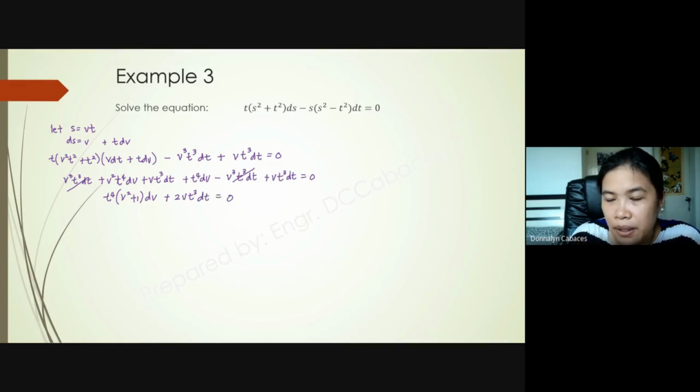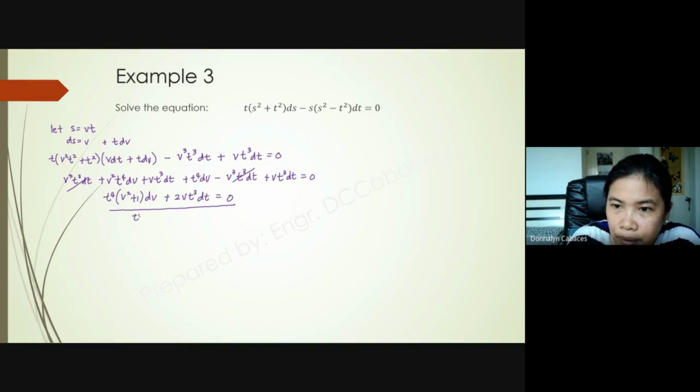And now separating the variables t from v by dividing by t to the fourth and v. Okay?